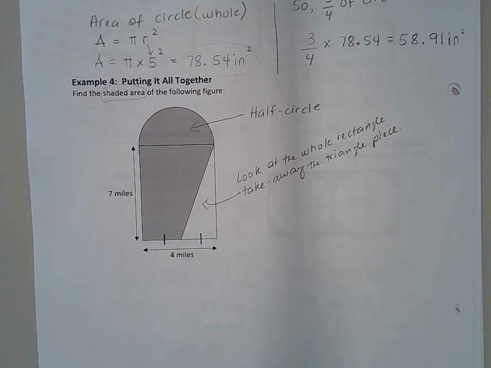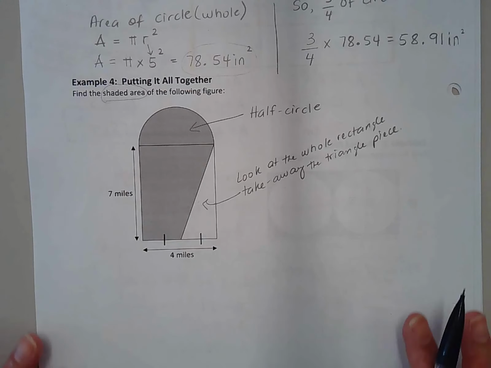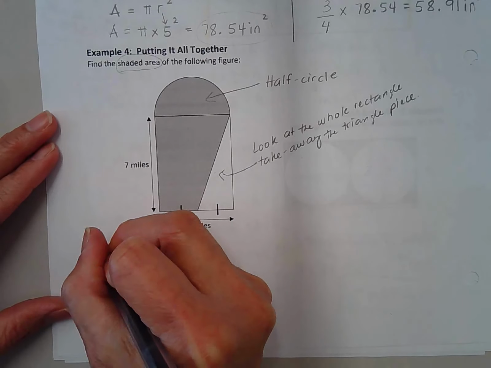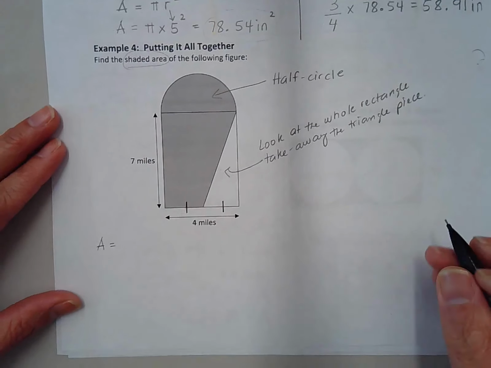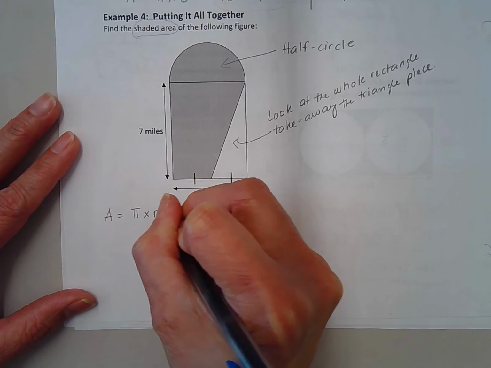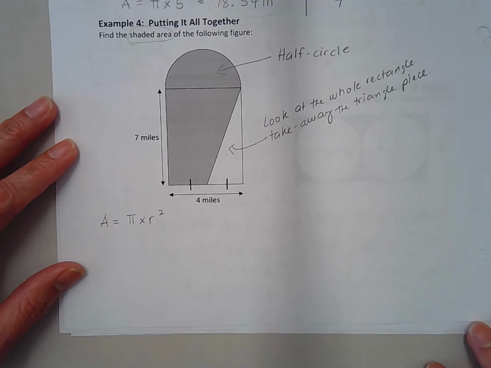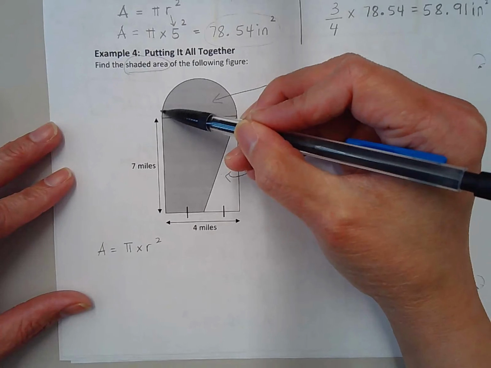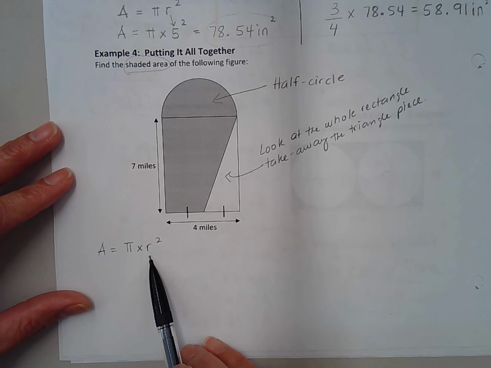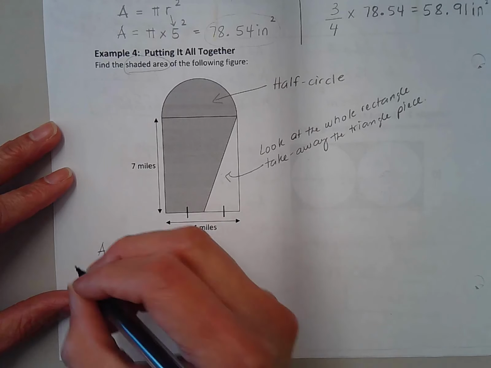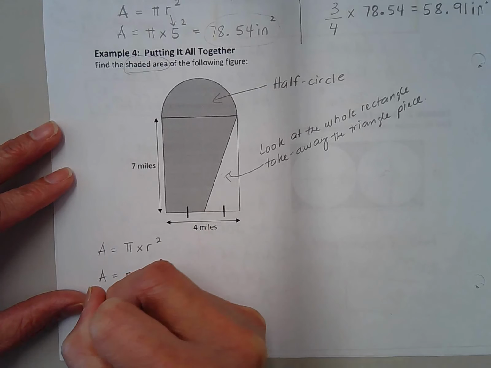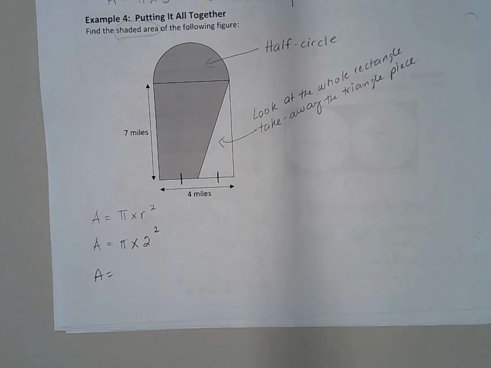Okay, let's give it a try. Let's start off with the half a circle. Area is equal to pi times r squared. We have to figure out, if this is a whole circle, what do you think is the radius? 2. Okay, so area is equal to pi times 2 squared. Let's go figure that out.